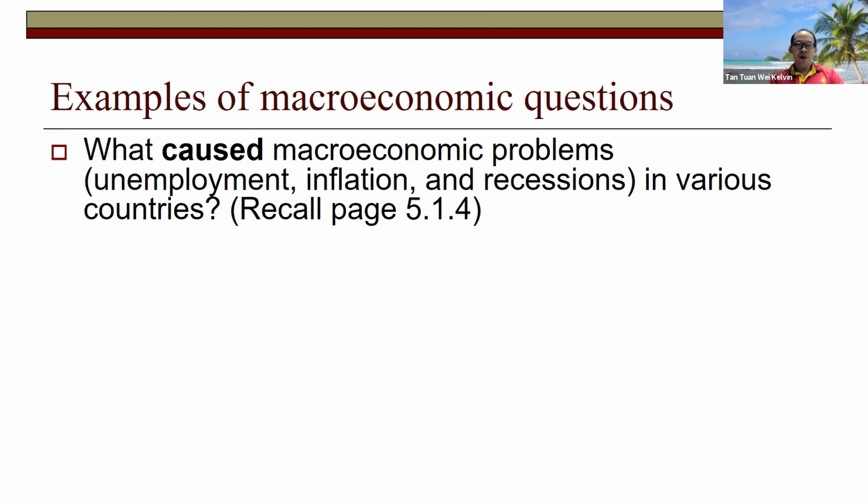Okay, let's pause. If you can, put your finger in 5.2.3 and turn back to 5.1.4. At the bottom of 5.1.4, one of the things that we will ask you is: what could cause macroeconomic problems to happen in a country? The examples of these macro problems are when the 4 goals are not reached. For example, what caused unemployment? What caused inflation?